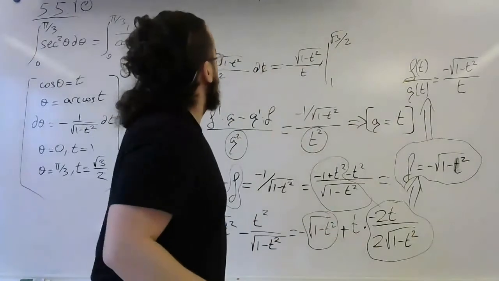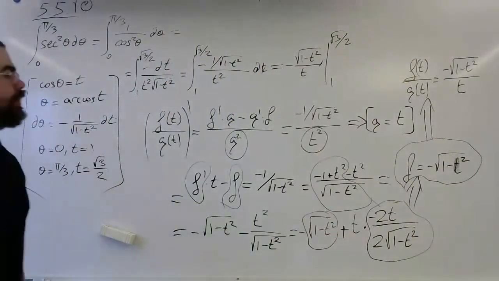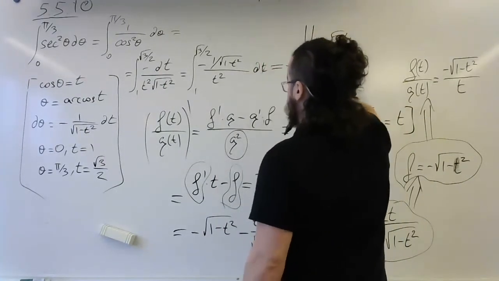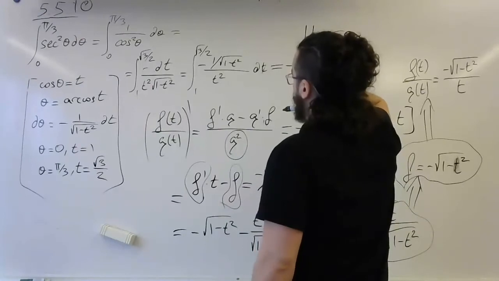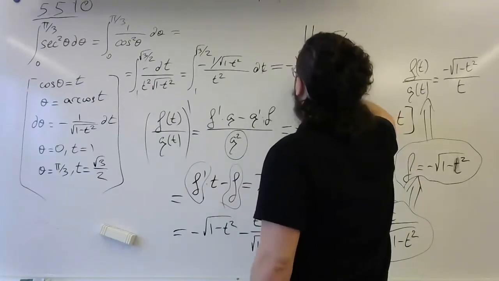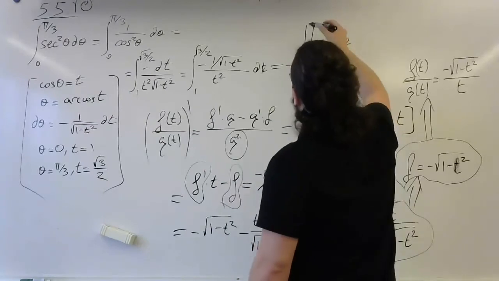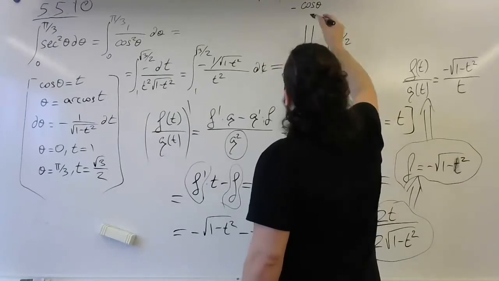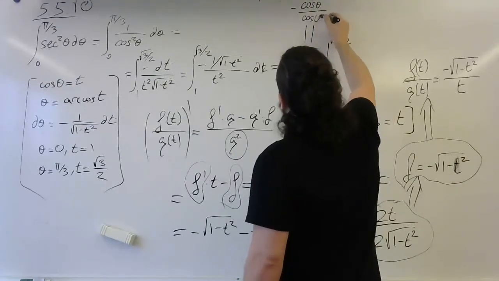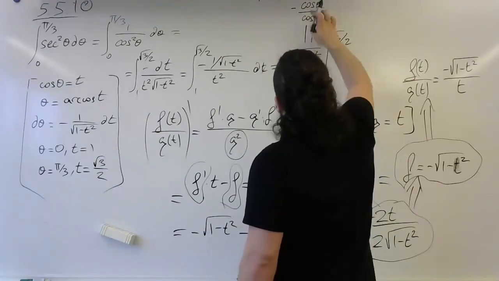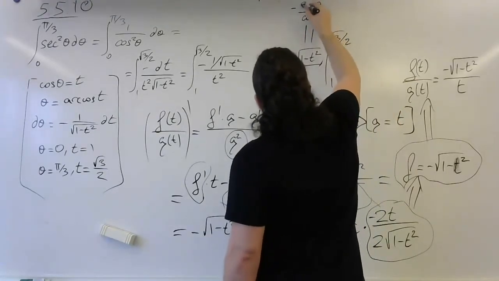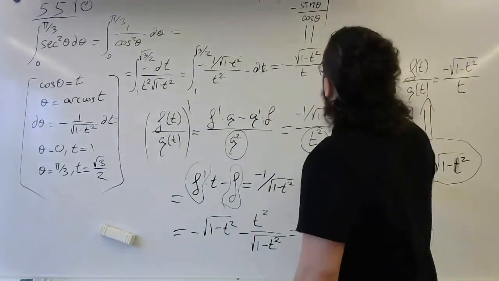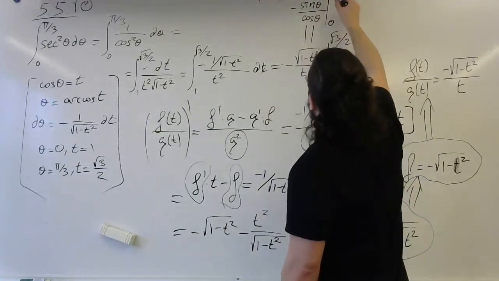Boom. Now we have to undo the transformation. So 1 minus cosine squared of theta evaluated between 0 and pi thirds.